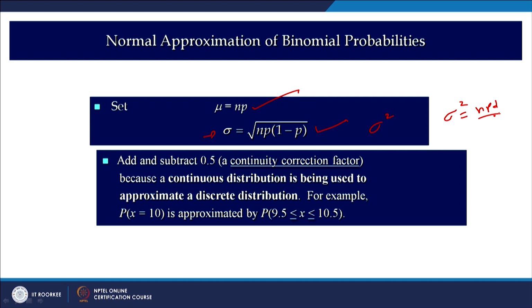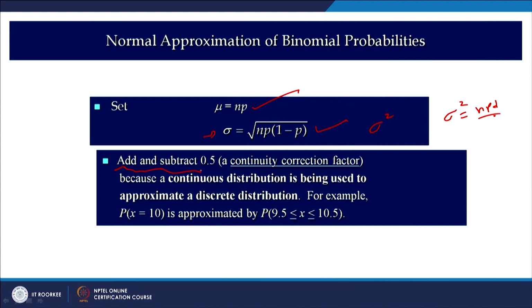Now, this is a case wherein the normal distribution is continuous and the binomial is discrete. So, there is a need to add and subtract 0.5, which is also known as the continuity correction factor, because we are using a continuous distribution to approximate a discrete distribution.